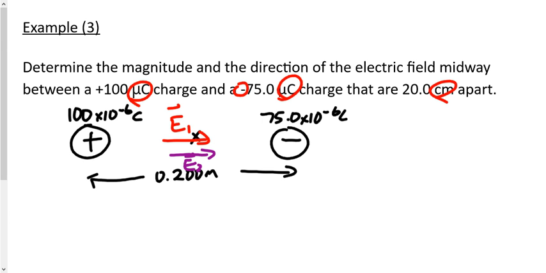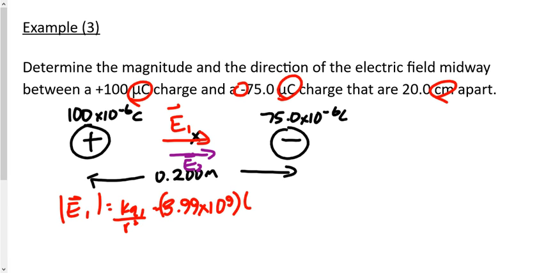Now I've got to calculate both of those fields. We're going to say E1 is KQ1 over R squared, which is 8.99 times 10 to the 9, times 100 times 10 to the minus 6, divided by what distance? Amanda, what distance am I going to use?